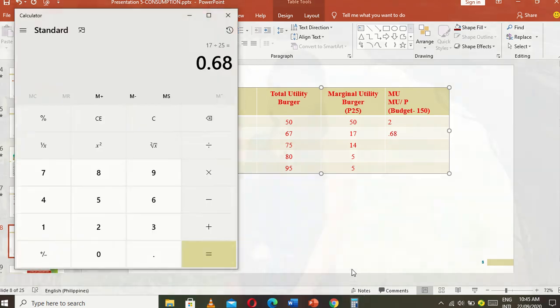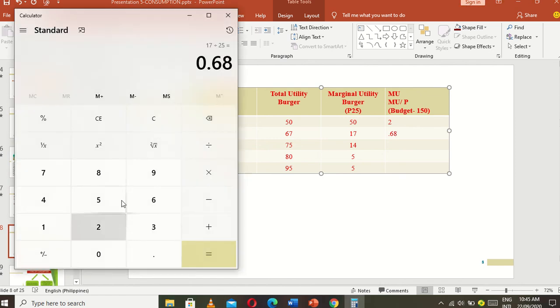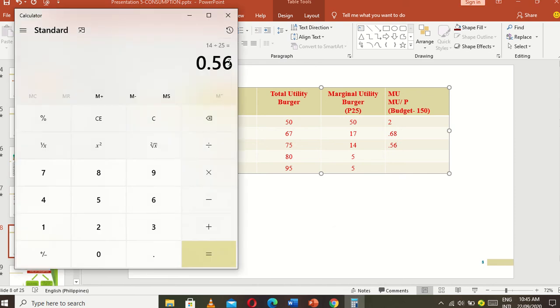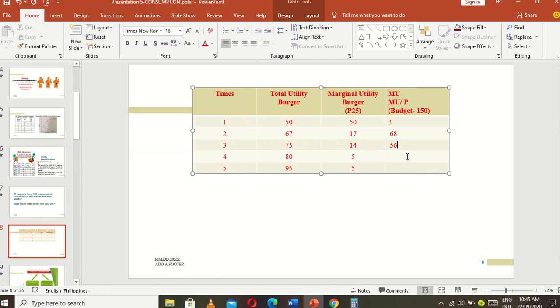The other one, 14 divided by 25, makes 0.56. Then 5 divided by 25 is 0.2.